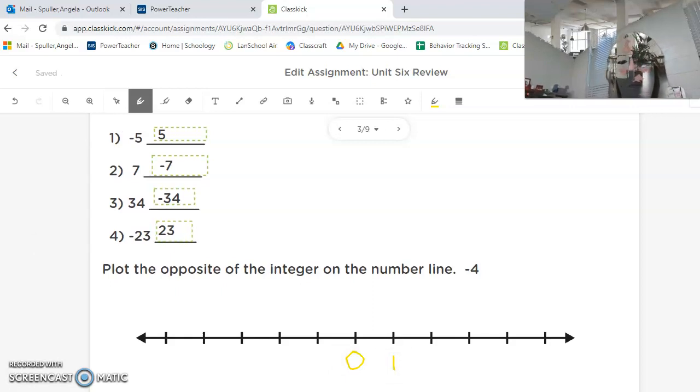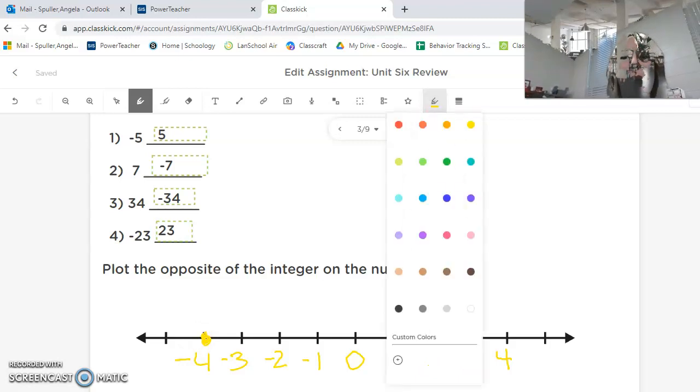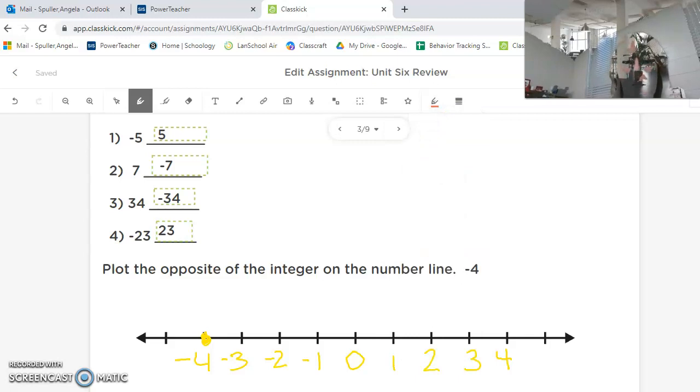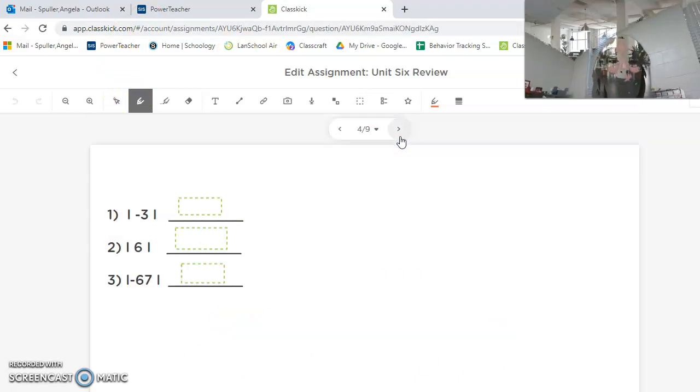This would be 1, 2, 3, 4 that way, and negative 1, negative 2, negative 3, and negative 4. So here's where negative 4 would be, but we want to plot its opposite. So we go all the way over to the positive, and that's where we put our dot. Okay, makes sense? All right, let's move on.